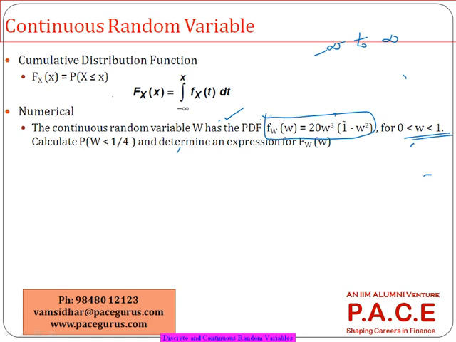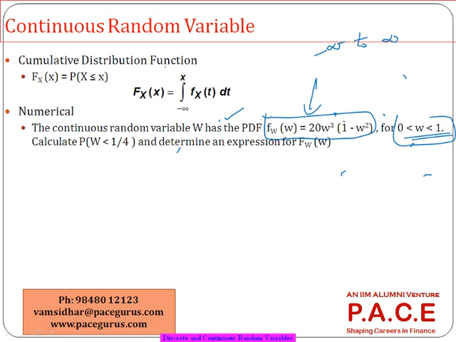So what does it mean? If I integrate this particular function between 0 and 1, my value should come out equal to 1, because it lies only between 0 and 1. The integration of this probability function from 0 to 1 should give 1, because these are all the possible values which can be taken up.